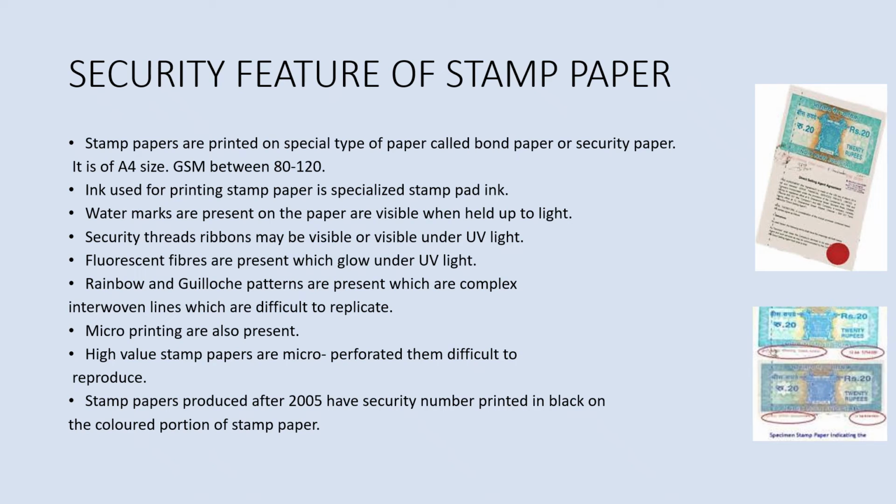The highest value stamp papers are microperforated, so they are difficult to reproduce. The stamp papers produced after 2005 have a security number printed on the back of the colored portion of the stamp paper. And there is also the presence of a red colored stamp on the stamp paper.